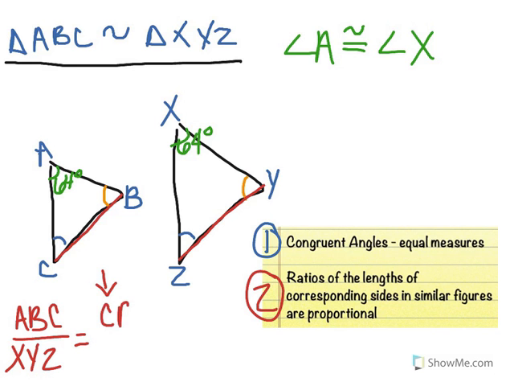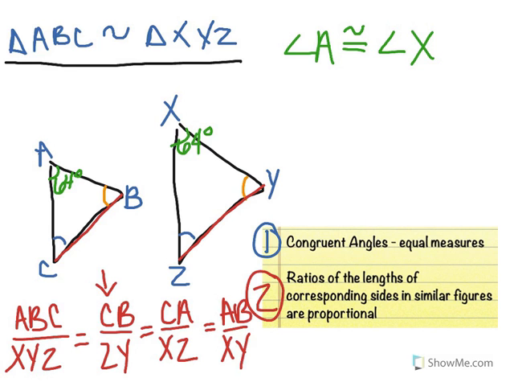So CB would correspond with XY. Also, CA would correspond with XZ. And AB would correspond with XY. So if I know I have similar figures, I can solve for any missing side lengths using these proportions, or if I'm not sure if my figures are similar, I could use these proportions to check.